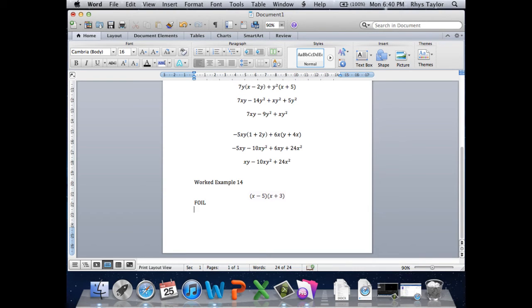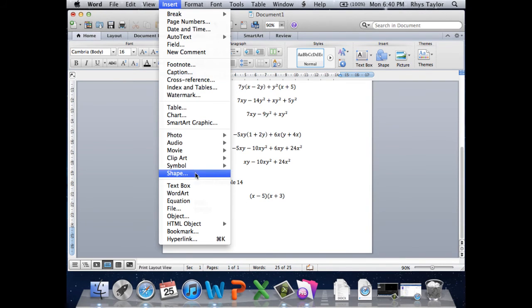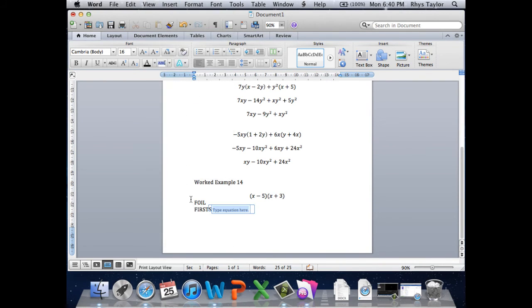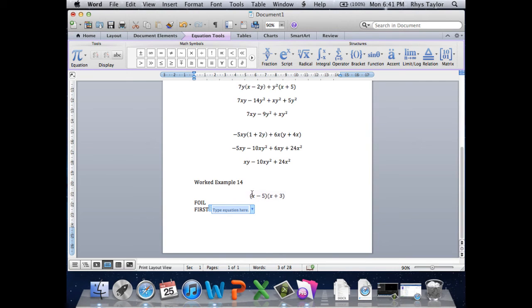FOIL means firsts, which is we multiply the firsts together. First one in my brackets by the first one in my brackets. x times x gives me x to the power of 2.